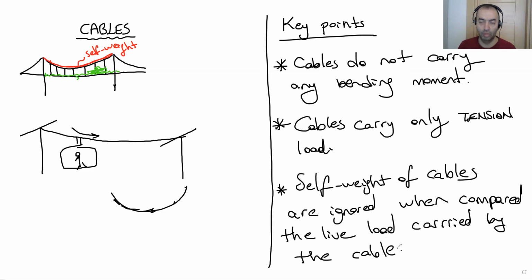So there is no bending moment on the cables, there is only tension load, and we always ignore the self weight of the cables in our calculations. These are our key points, our assumptions at the beginning to do our calculations.